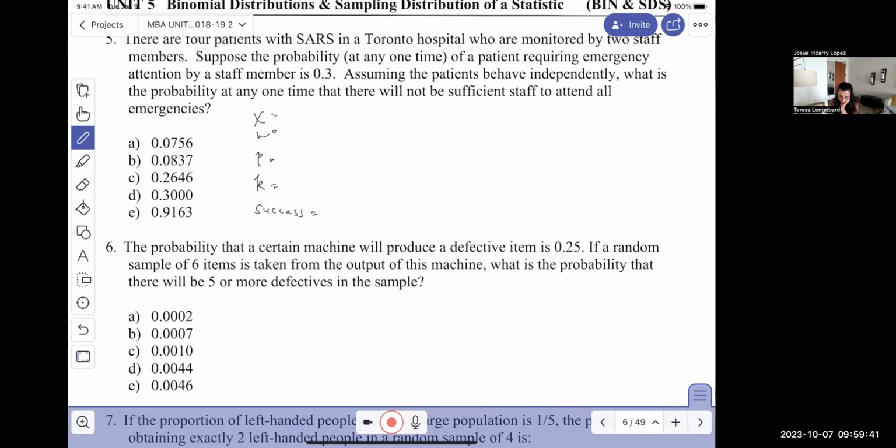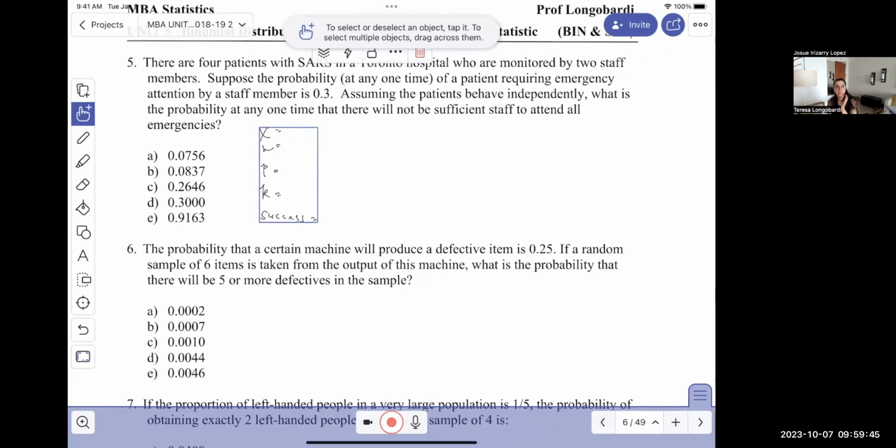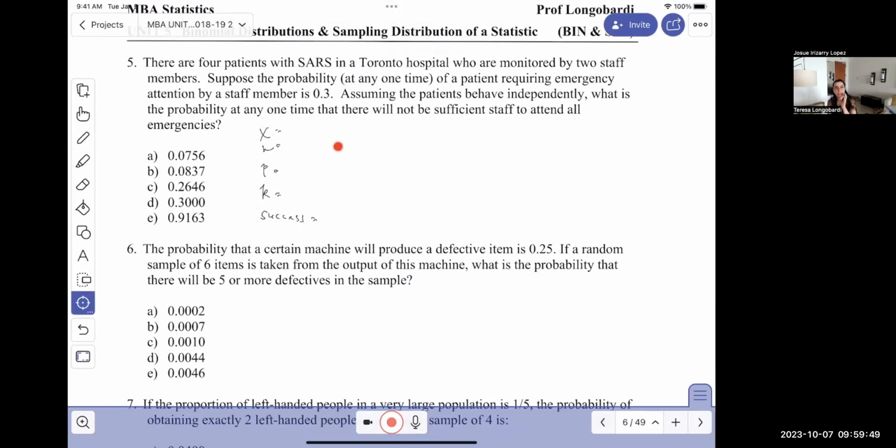Okay, so what are we looking for in this problem? Four patients with SARS in a Toronto hospital who are monitored by 2 staff members.